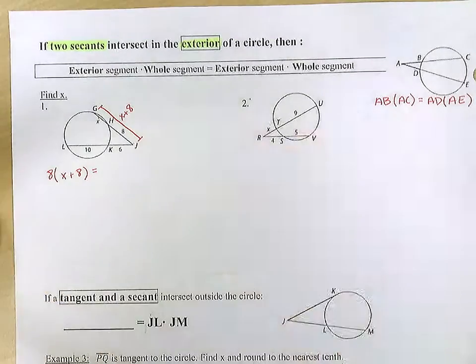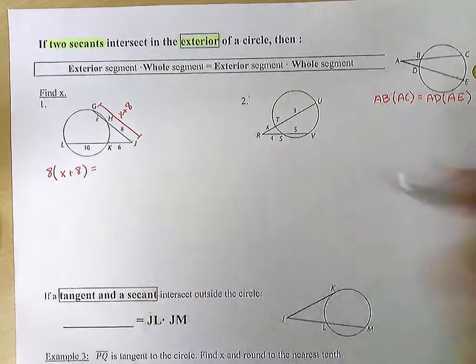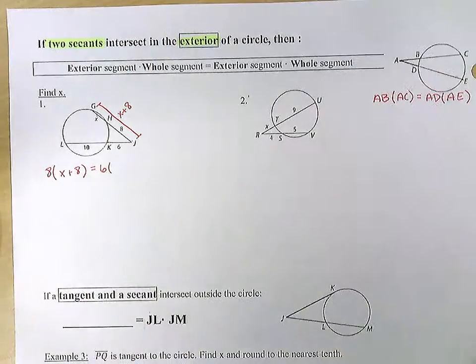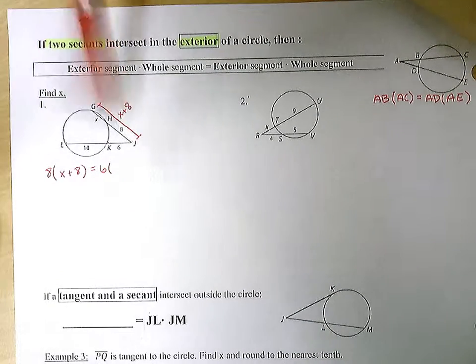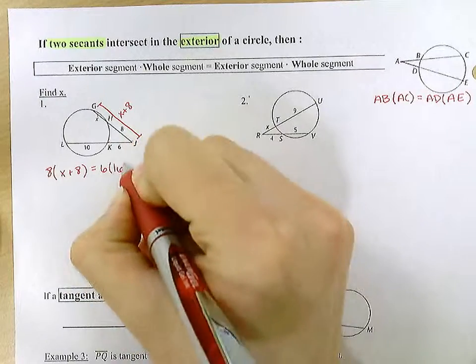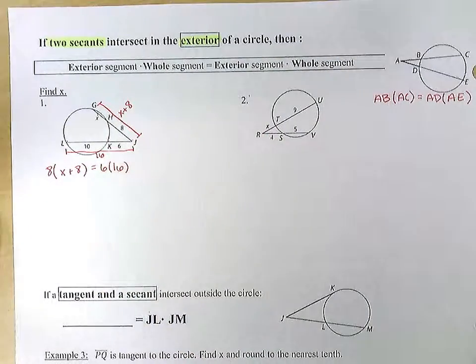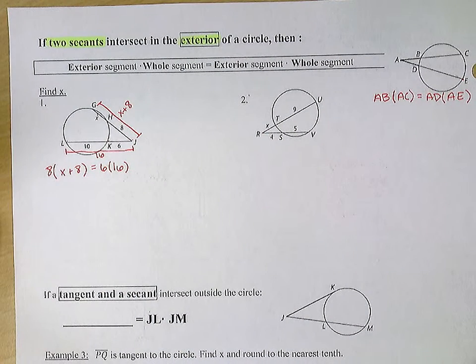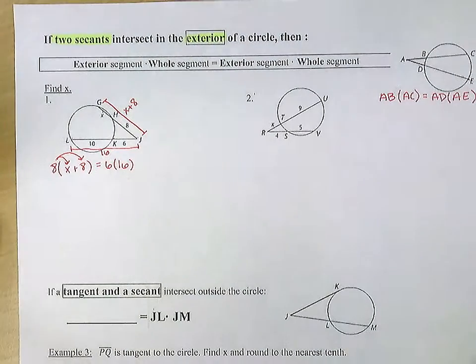Okay, that's equal to the other exterior segment is KJ, and that's 6. That's multiplied by the entire segment of LJ, which is 16. Okay, so I had to add 10 and 6 together to get that entire segment of 16. Okay, so from here, now I can solve for x. First thing that I need to do is distribute this 8 to both terms inside those parentheses.